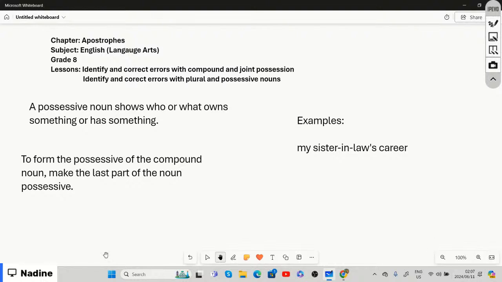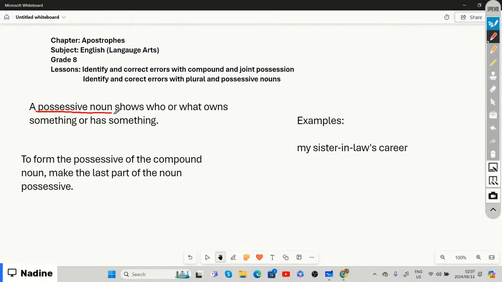All right, so when it comes to possessive nouns, or apostrophes, a possessive noun shows who or what owns something, or who or what has something.